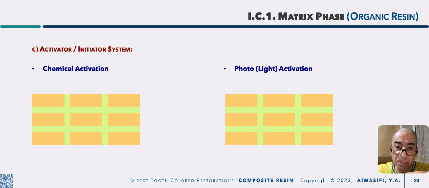Once they touch each other, the activator will decompose the initiator and the reaction starts. Okay, while the other one is using light waves or energy taken from light radiation, where the light energy in joules breaks down a special initiator to produce the free radicals. Okay.